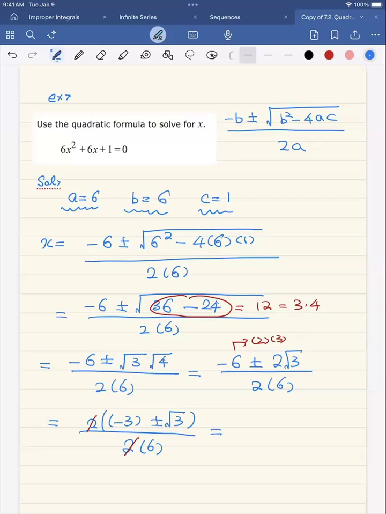And then we have minus 3 plus or minus square root of 3 over 6. So there are two solutions. One is minus 3 plus square root of 3 over 6. The other is minus 3 minus square root of 3 over 6.